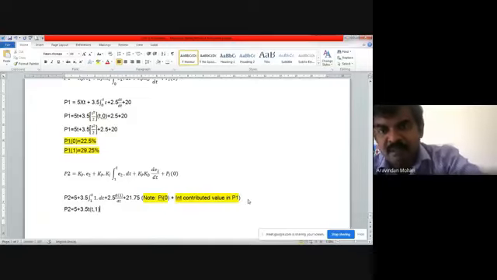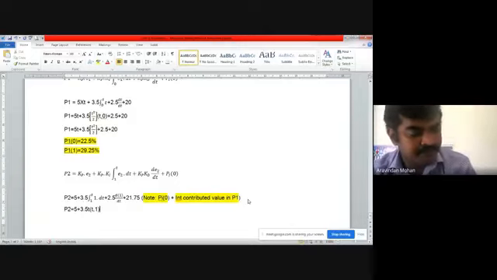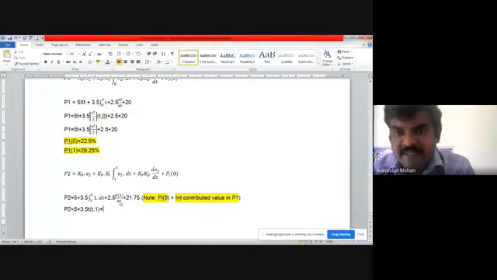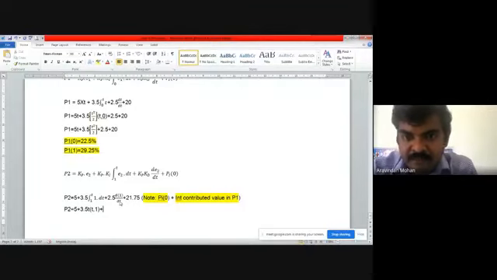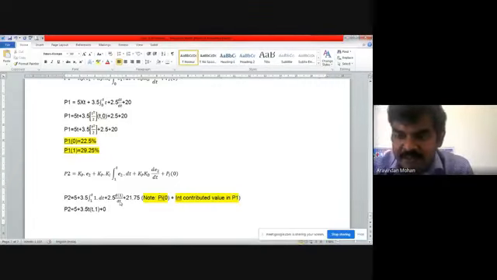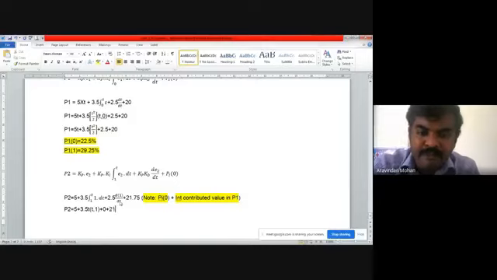Then what will happen to this particular term? The differentiation of a constant is 0, because d by dt of 1 is a constant. So that entire term becomes 0, that is the derivative term contribution becomes 0, plus 21.75.